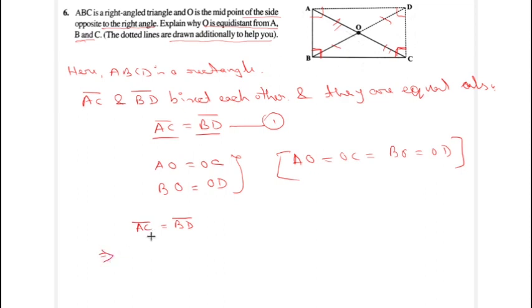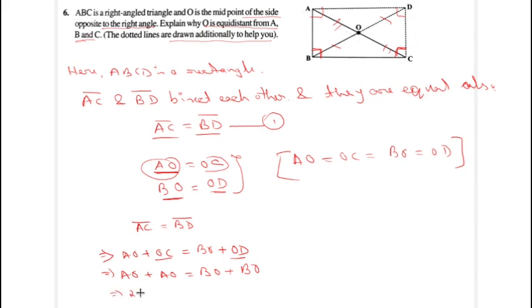AC can be written as AO plus OC, and BD can be written as BO plus OD. Now I want to show, suppose, AO equals BO. OC equals AO, so in place of OC we will write AO again. Now OD equals BO, so we will write BO in place of OD.